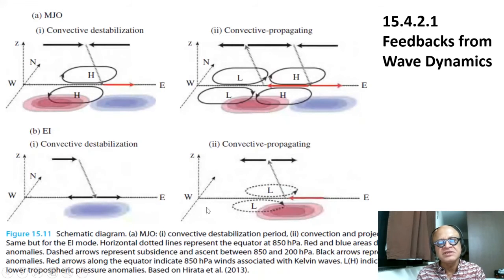Then the subsidence gives you the warming and convective instability, and then convection happens, and you have similar upward circulation, of course, upper level divergence, the Rossby wave low signature, and convergence, but you don't have the wave dynamics creating the cooling ahead of it and preparing the system to reorganize the SSTs.